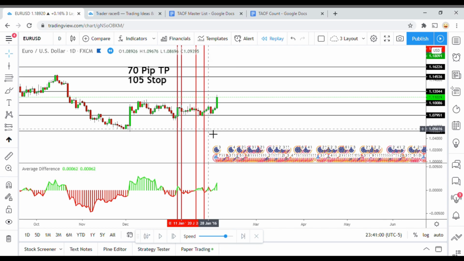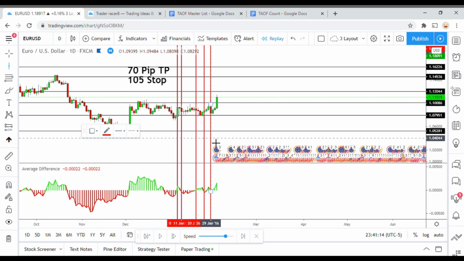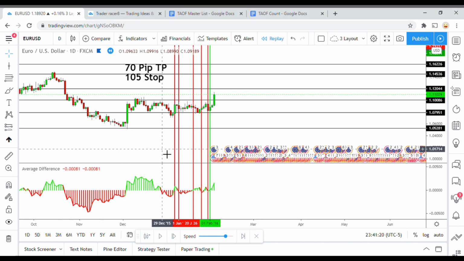So we missed that one. It throws a short signal for 1 bar. Then finally, let's go to the upside, giving us a clean trade.